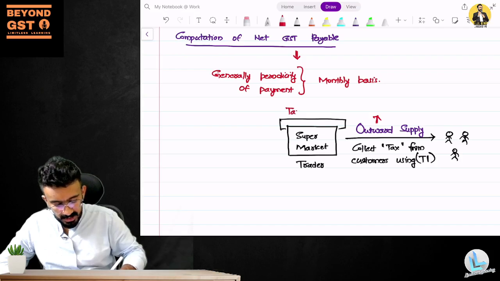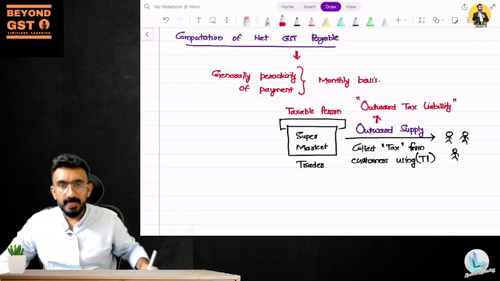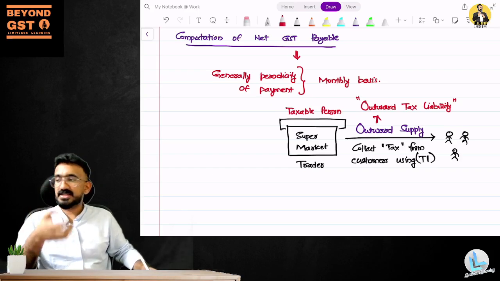These will be the suppliers or registered persons, so we call them generally as taxable person. This will be the taxable person's outward tax liability. So every outward supply will create something called as outward tax liability.